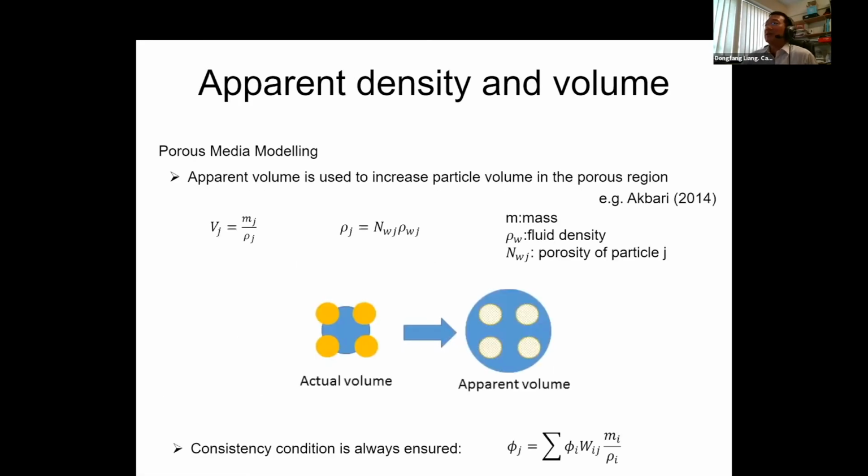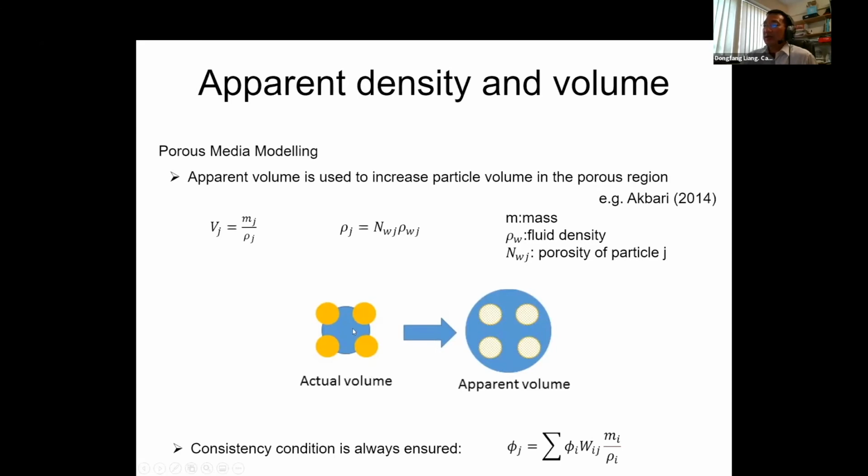An important numerical technique we have to use in this application is to change the density of the fluid particle when the smoothing particle goes in and out of the porous medium. And correspondingly, the volume of the particle should also change.